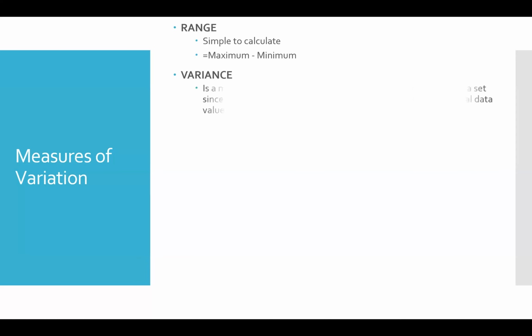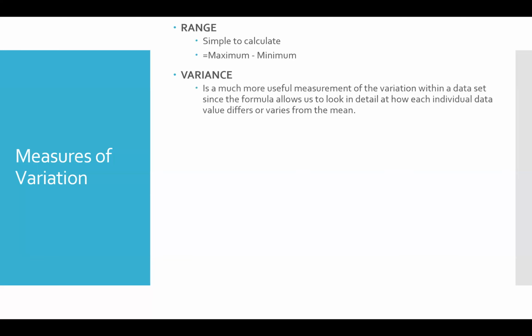Okay, the second one is variance. Variance is a much more useful measurement of the variation within a data set, because what the variance does is it looks at each individual data value in relationship to the mean. How different is each data value from the mean or the average? So the variance takes into consideration all of the data values.